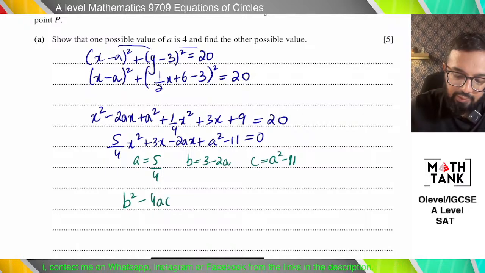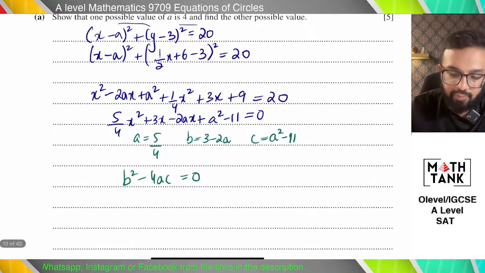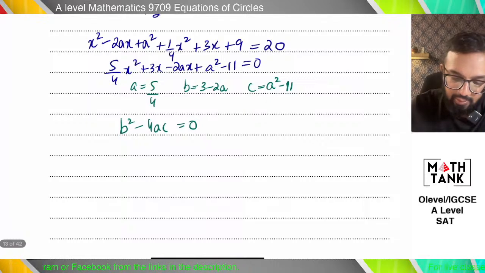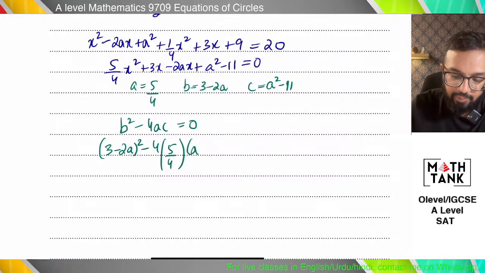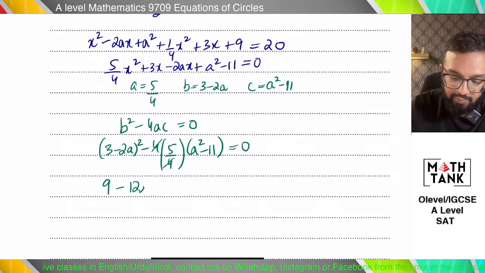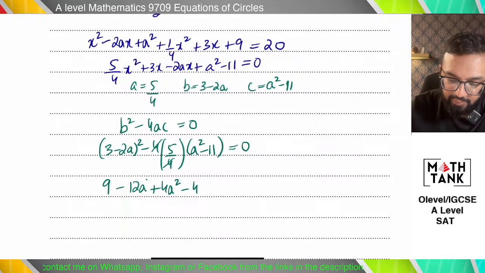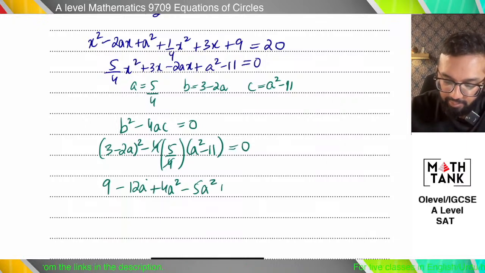b squared minus 4ac is equal to 0 for the tangent. So (3 minus 2a) whole squared minus 4 times 5 over 4 times (a squared minus 11). So I get 9 minus 12a plus 4a squared minus 5a squared, and plus 55.